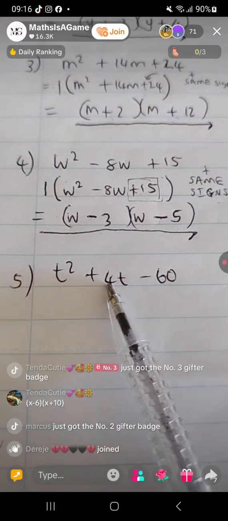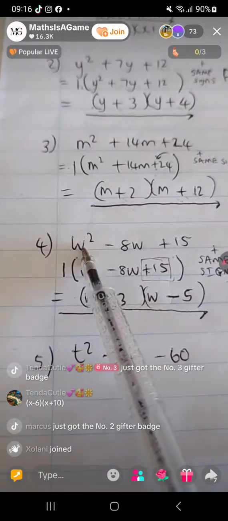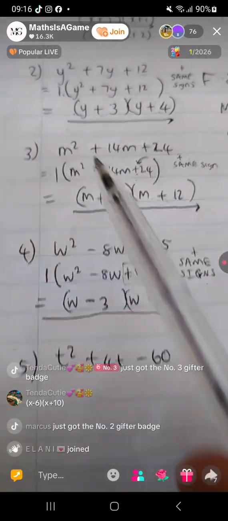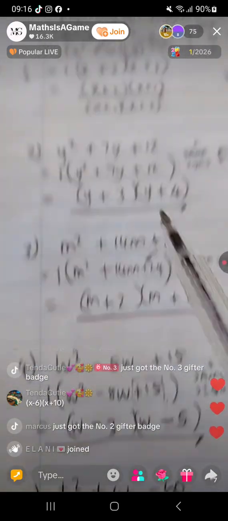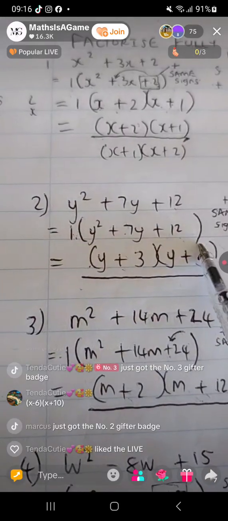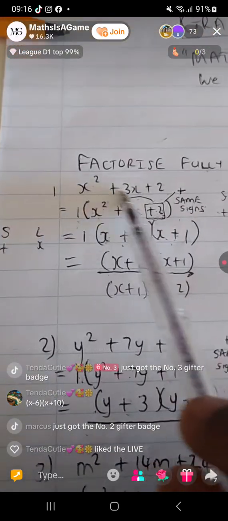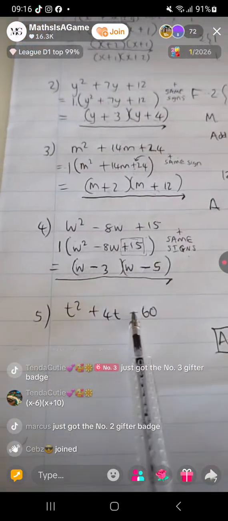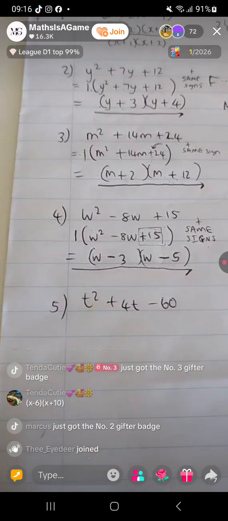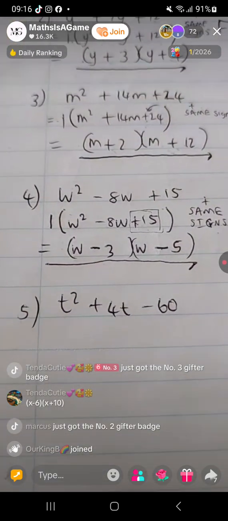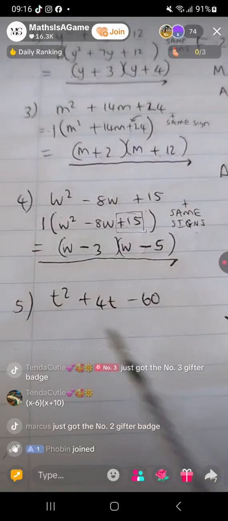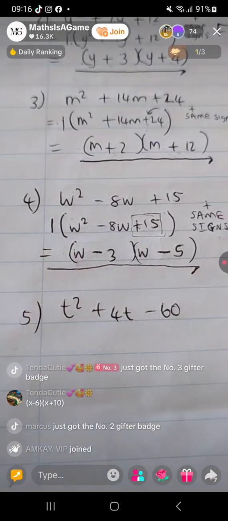When we have the letter t, we use the letter t. If we have the letter w, we're busy with the letter w. If it's the letter m, we use the letter m. If it's the letter y, we make sure we use the letter y. Then when it's x, we use x. So we must be specific to the variable that is being used. That's just for you, tender cutie. You can see it's t, not x.